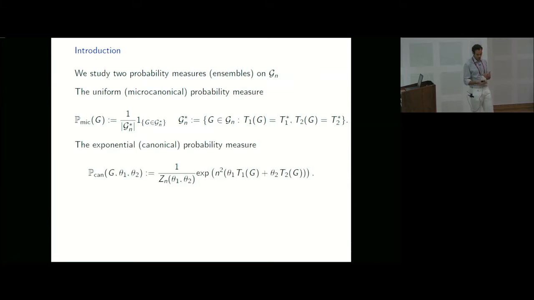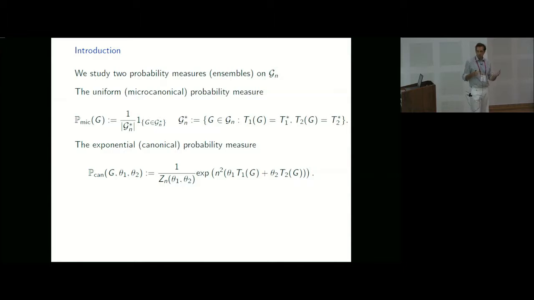And then the second measure is this canonical ensemble, or the exponential random graph model probability measure, which is actually a parameterized measure. It has some parameters, theta 1, theta 2, depending on the number of constraints you impose. And it has this form. So here you have this partition function, the normalizing constant, and this exponential form.